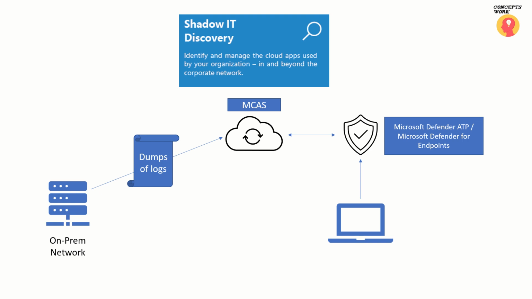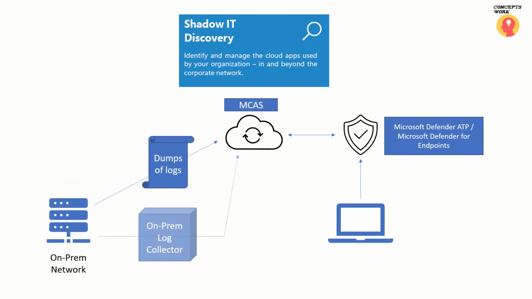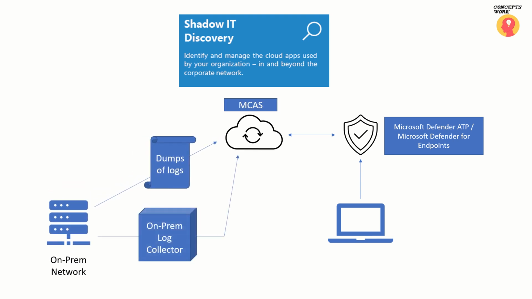And you may not want to do it on a regular basis, let's say bi-weekly or daily or whatever your frequency is, when it comes to getting the data uploaded to the MCAS instance itself. The other aspect is to have an automatic log collector in place.